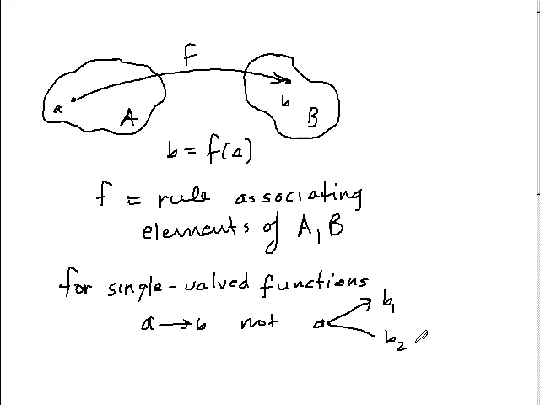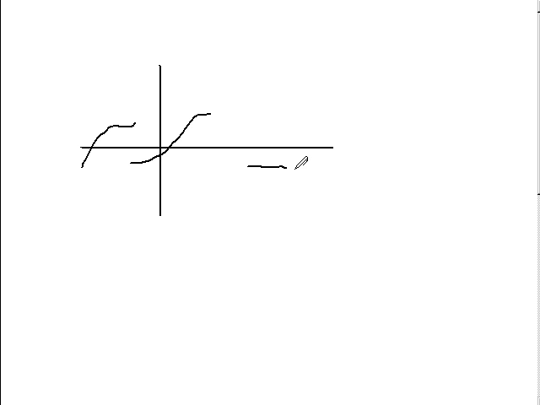The consequence of this, which you've seen as the very intuitive relationship between a graph and a function, is that if you graph a single-valued function, it may have points of discontinuity, it may not even be defined for certain intervals, but if you take a vertical line, it can only intersect the graph of the function in at most one point.